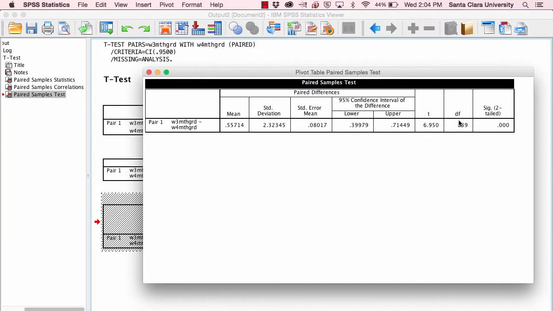That's the degrees of freedom for a paired t-test. And the sig two-tailed, that is our p-value. And this p-value is 0.000. And that tells us the probability of getting a difference between the sample means on math grade this large or larger by chance is less than 0.001, meaning highly statistically significant.